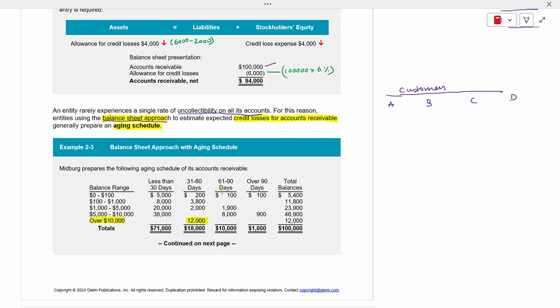Who are those people? We will target them. Less than 30 days, we will get it, no issue. But more than 90 days is highly doubtful, less likely to be collected.